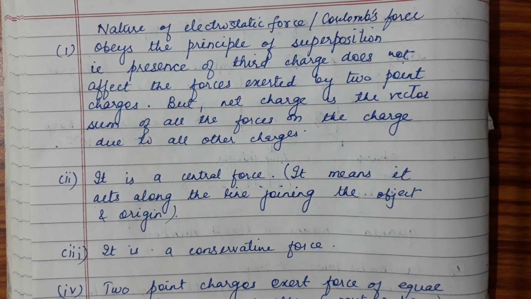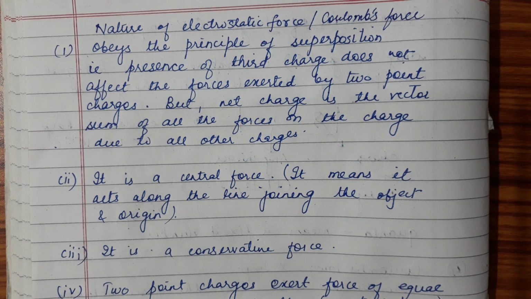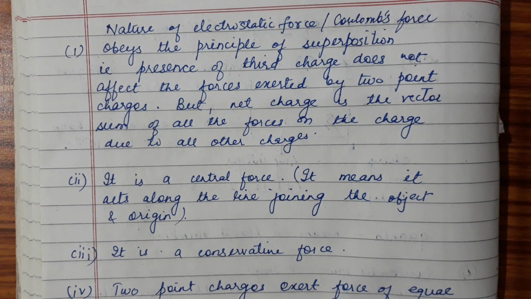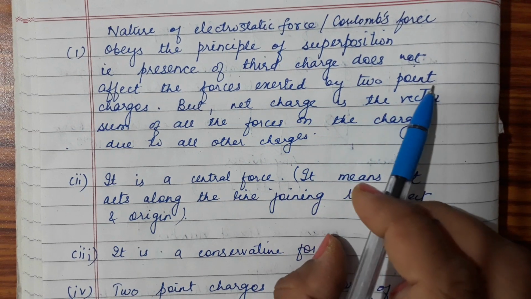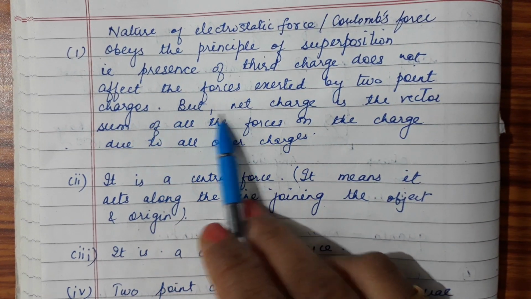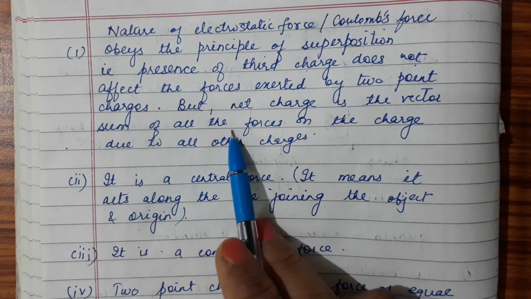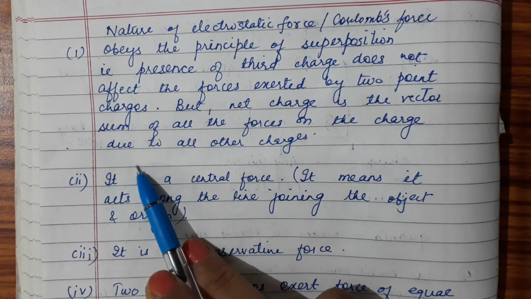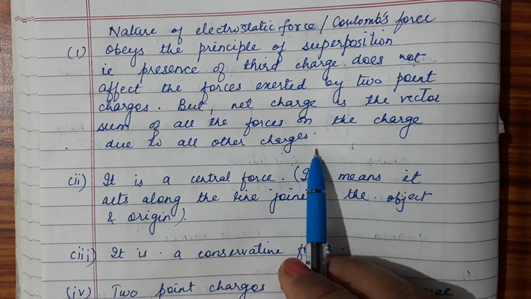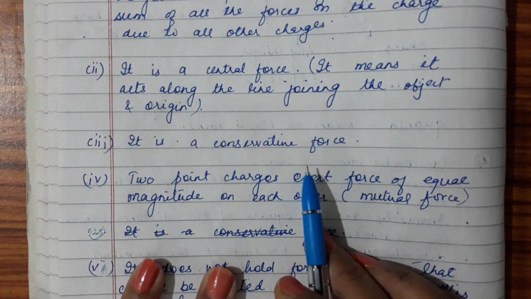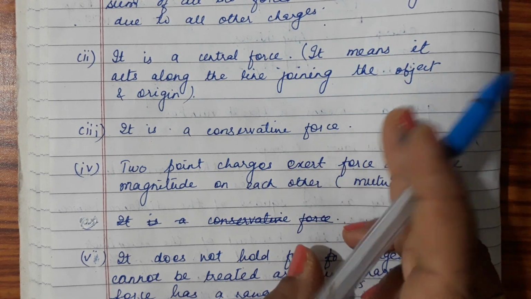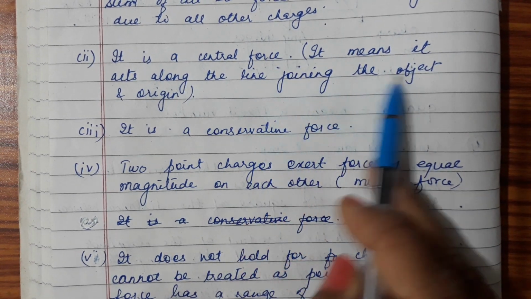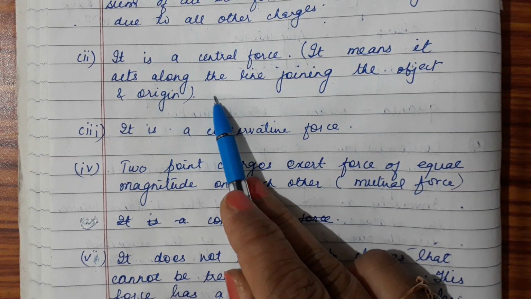Next we'll study the nature of electrostatic or Coulomb's force. This force obeys the principle of superposition. That is, the presence of a third charge does not affect the forces exerted by two point charges, but the net force is the vector sum of all the forces on the charge due to all other charges. Second property is, it is a central force. It means it acts along the line joining the object and the origin.